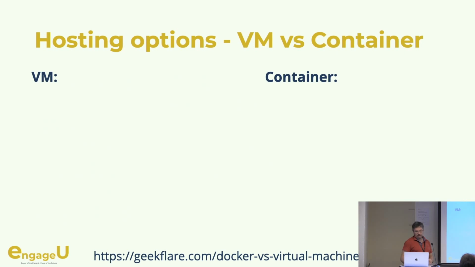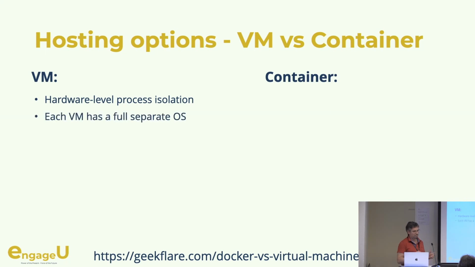So just to compare with virtual machines: in a virtual machine, you have hardware-level process isolation. So it's totally isolated from everything on the host, but it has to create its own system to run. You have a full separate OS.